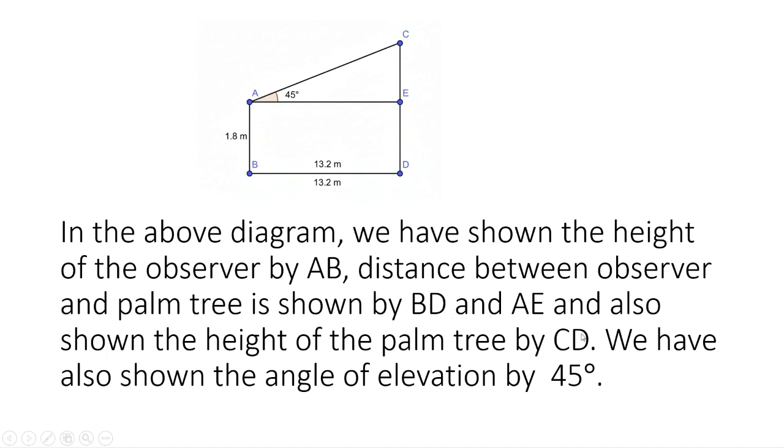The total scenario is in the form of a combination of a rectangle. We are considering this as AE, and this is nothing but BD. Of course, BD and AE are equal, and AB and ED are also equal. The height of the palm tree is shown by CD, the total height of the palm tree. We have also shown the angle of elevation as 45 degrees.